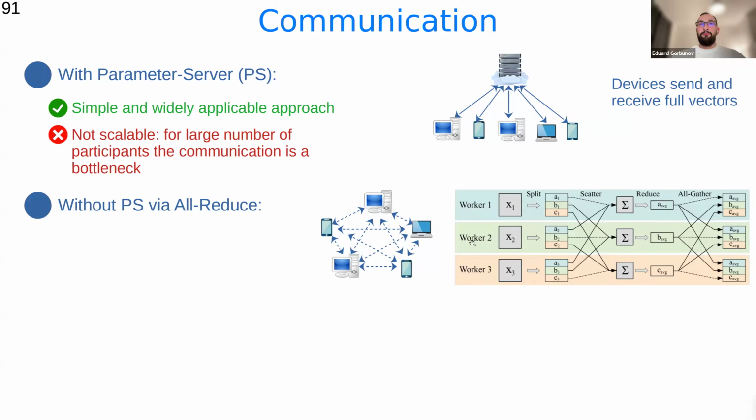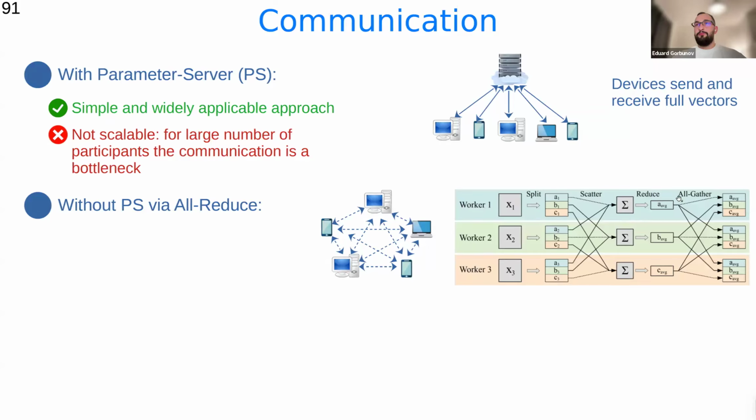But in the approaches using all-reduce, all machines communicate only O(1) vectors. For example, here we have 3 workers. They want to compute the average of x1, x2, x3. The idea is to split each vector into 3 subvectors corresponding to each worker. Then the first worker will be responsible for averaging the first part, the second worker for averaging the second part, and so on.